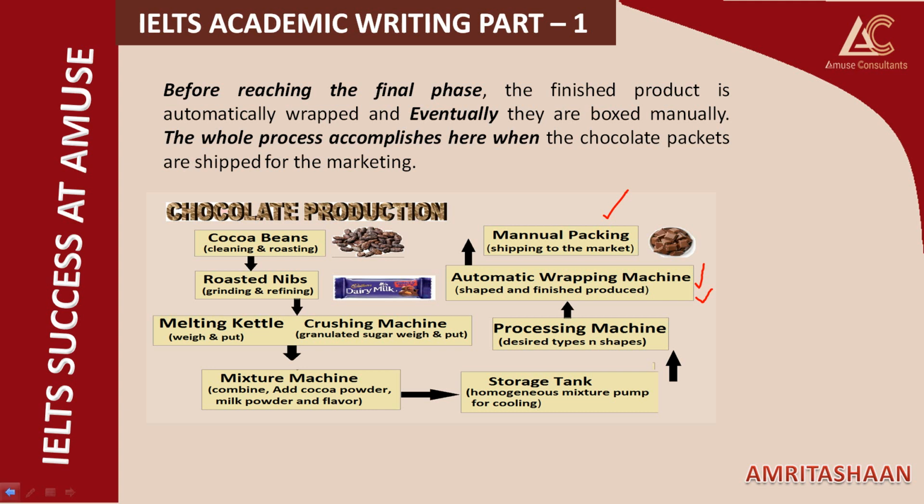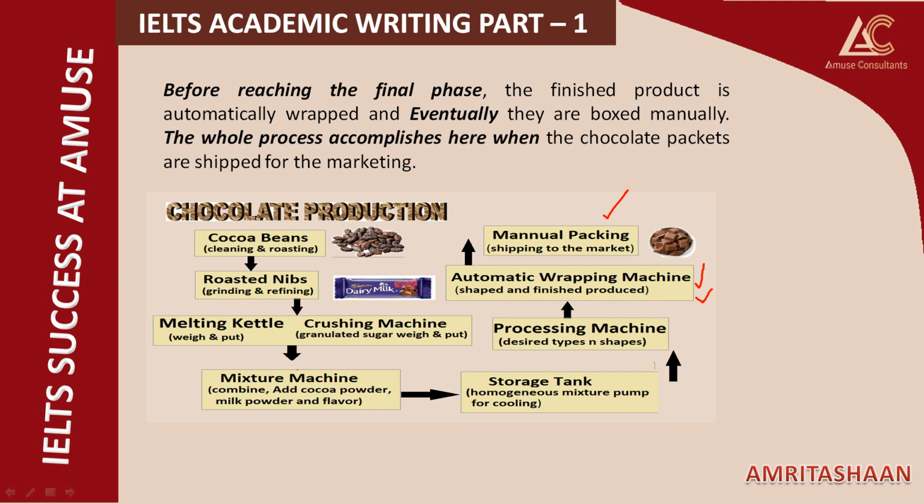So, dear learner, you can see that the process started with cleaning and roasting. After that, there was grinding and refining, and this mixture, along with the sugar granules, was weighed, and in the next stage, they are combined with the cocoa powder, milk powder, and flavor in the storage tank.